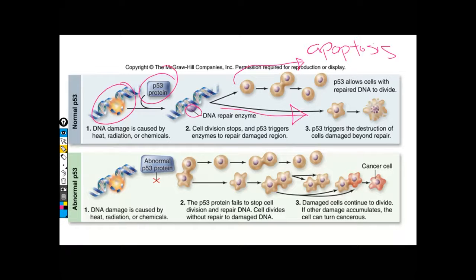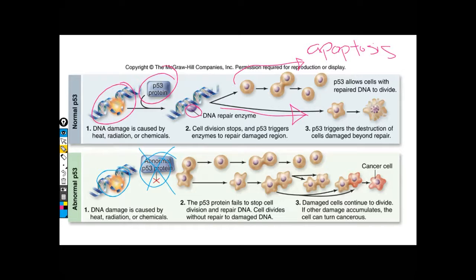So here's the problem. So let's focus on my green box. If our COP is missing, okay, so we're missing the P53 gene, or our P53 protein was made improperly, right? Now I still have, or I'm starting with my DNA damaged cells.